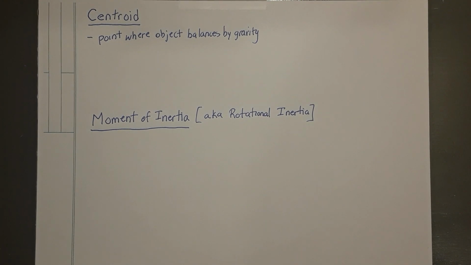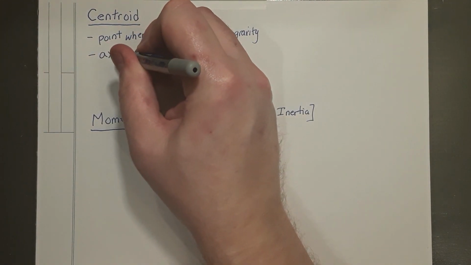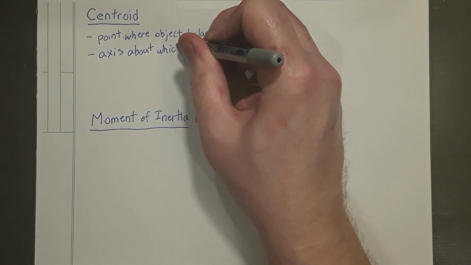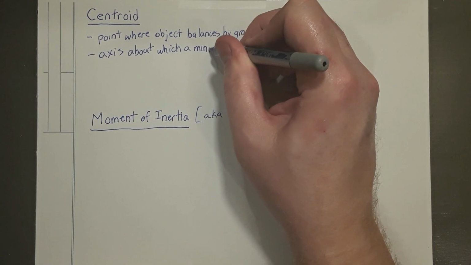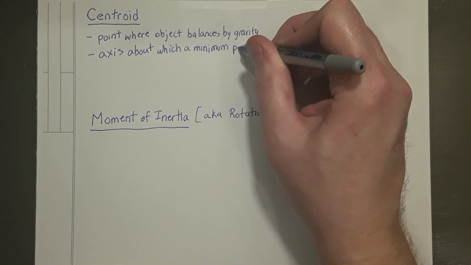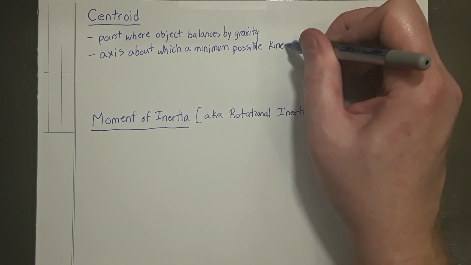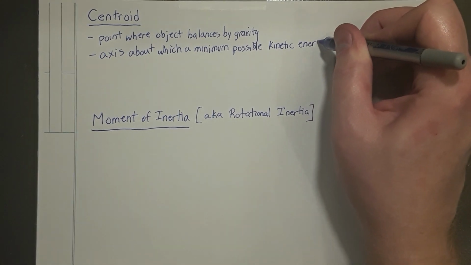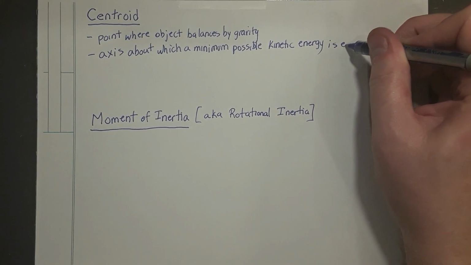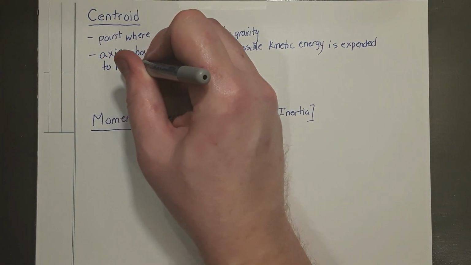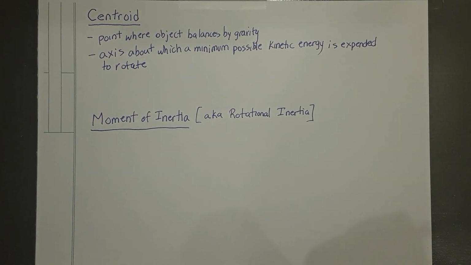The centroid is also the axis about which a minimum possible kinetic energy is expended. This means that it is easiest to rotate an object around its center of mass.